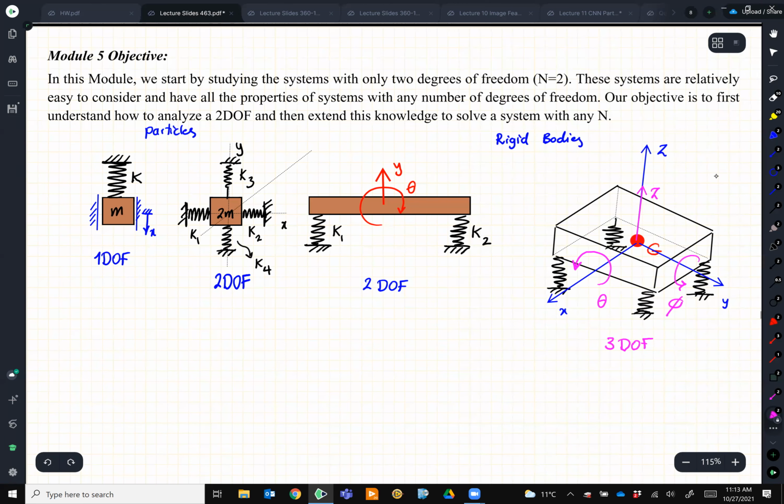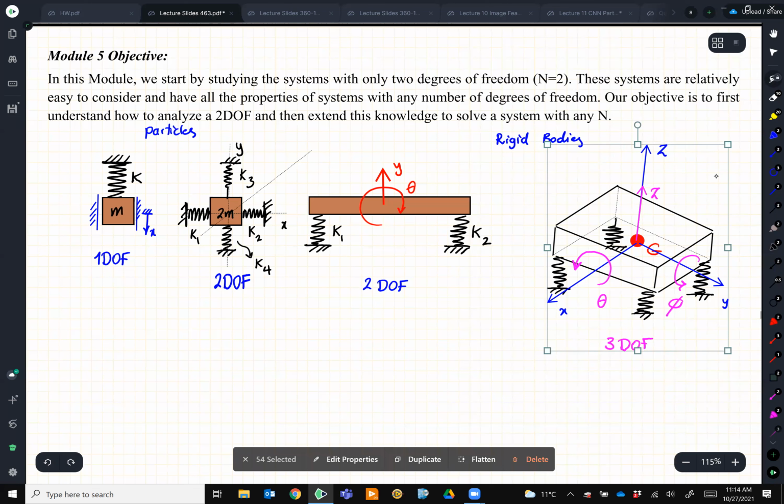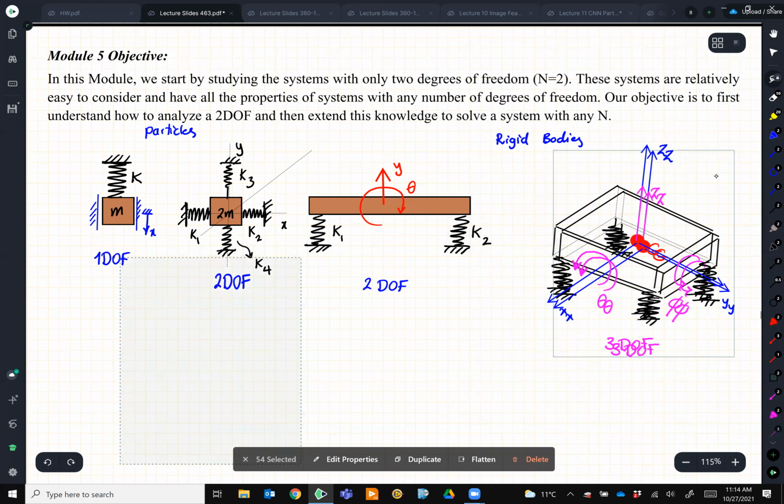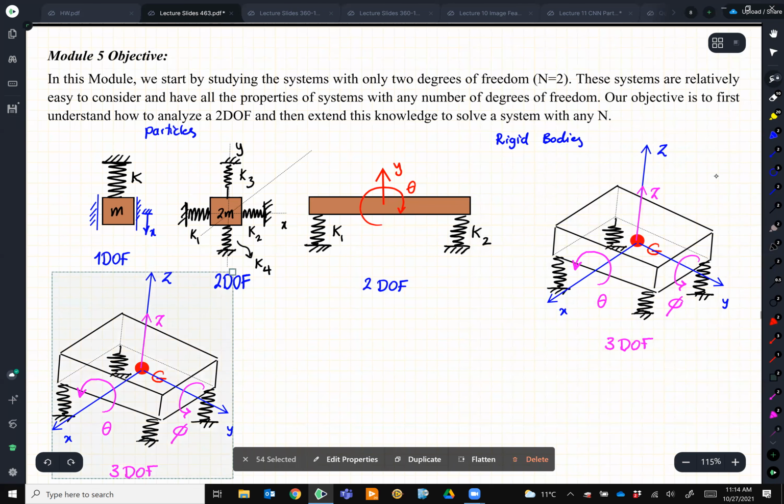Now the same system, if I add, let's say, a spring on top of it, let me use another color. Let's say I add another spring over here. And on top of that spring, I will add another mass. Let's not make that messy. I'll just copy that thing, bring it down here.